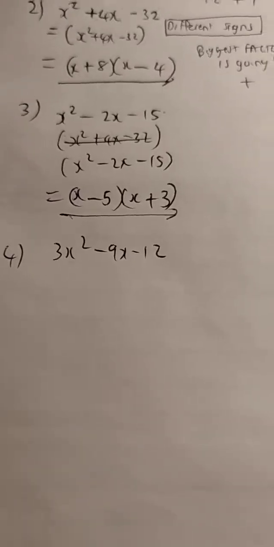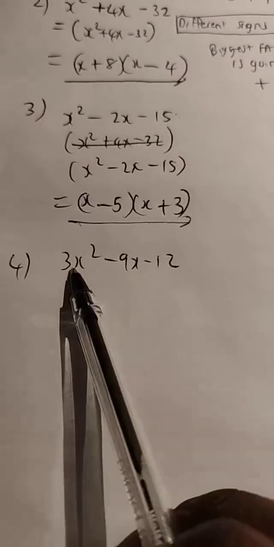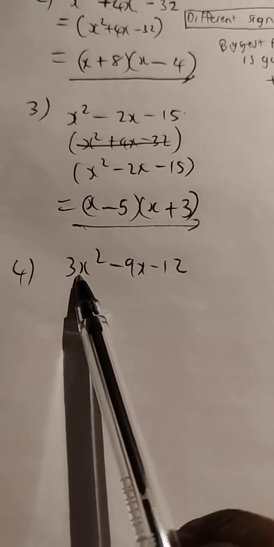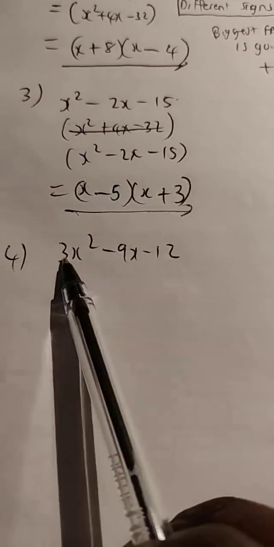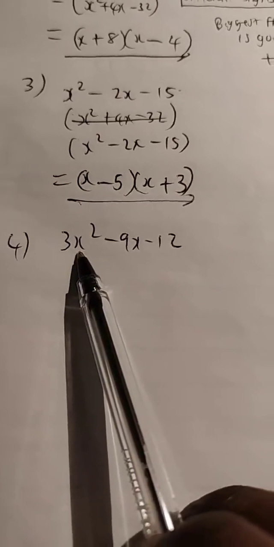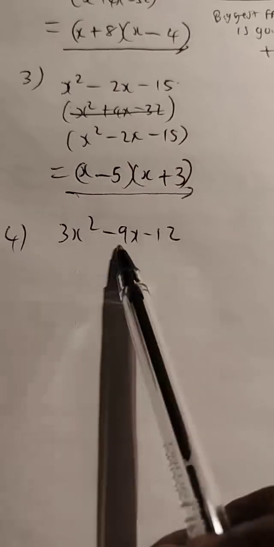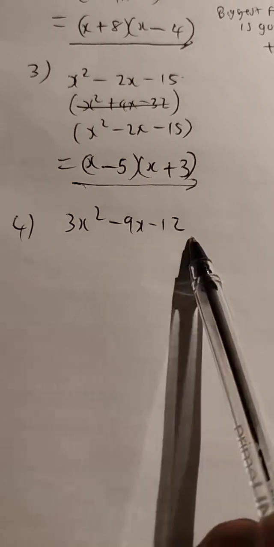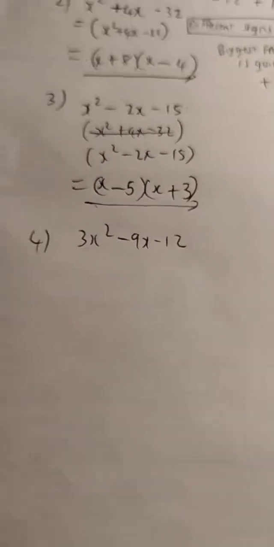Next question, is there a highest common factor sign? Okay, so we take out the highest common factor sign, which is positive, first term as it is. Number, which is 3. 3, 9, 12. Highest common factor number is 3. Letter, there's no highest common factor letter. Bracket, no highest common factor bracket. So we take out 3.